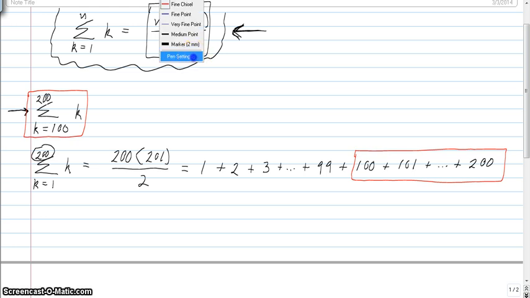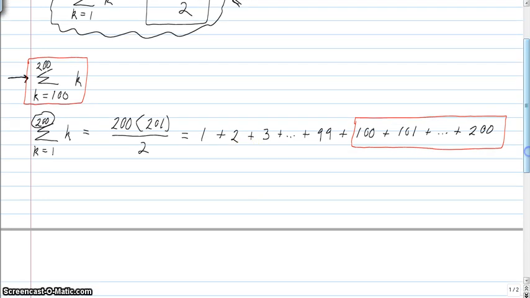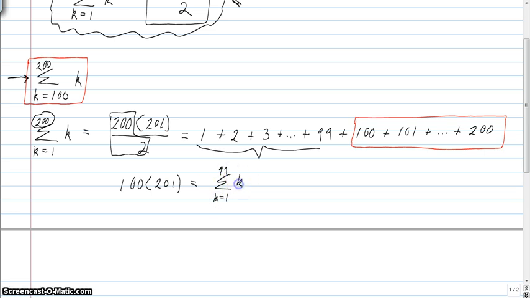Okay, so I'm going to rewrite what I've got here in terms of summations. 200 over 2 is 100, so I could write this as 100 times 201 is equivalent to the sum as k goes from 1 to 99, and then plus, and this one in red is the sum that I'm looking for, the sum as k goes from 100 to 200 of k, or whatever letter you want to use.